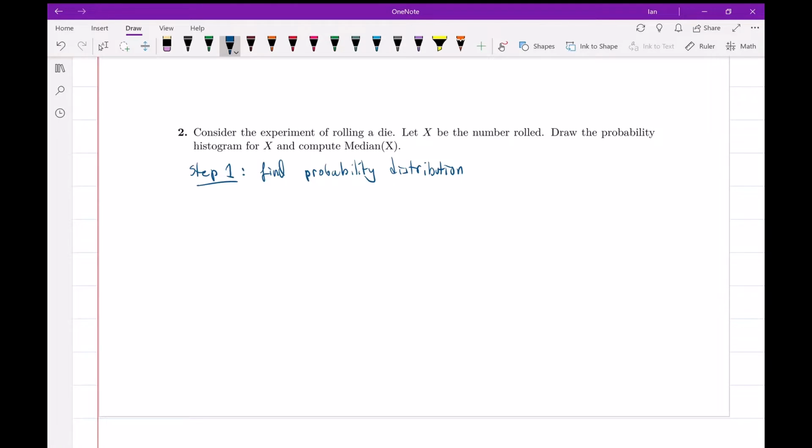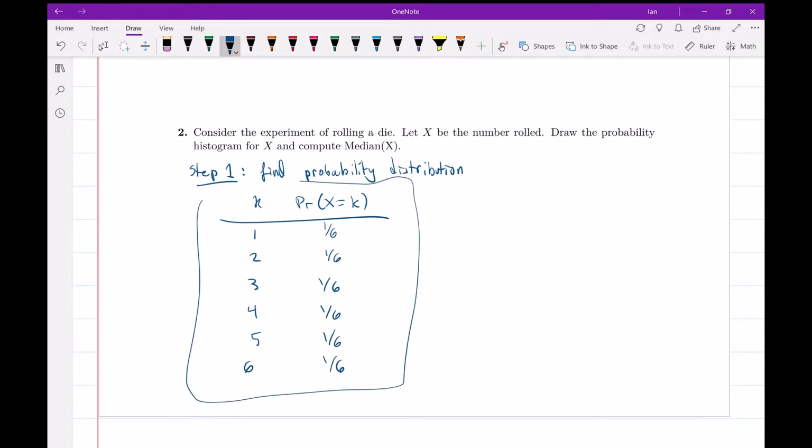I didn't say anything about an unfair die, so we can assume that it's a fair die, so all outcomes are equally probable. So we have k, and the probability that x equals k. We have 1, and that has probability 1 over 6. 2, that has probability 1 over 6. Everything is equally likely, so they're all probability 1 out of 6. So that's our probability distribution.